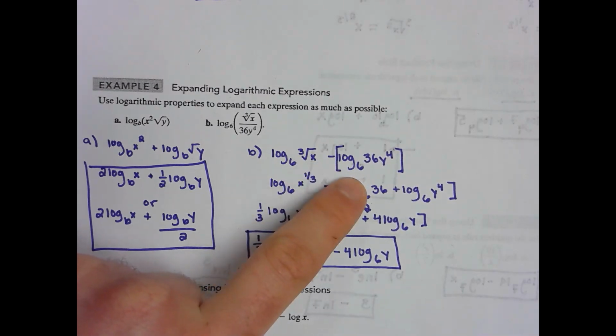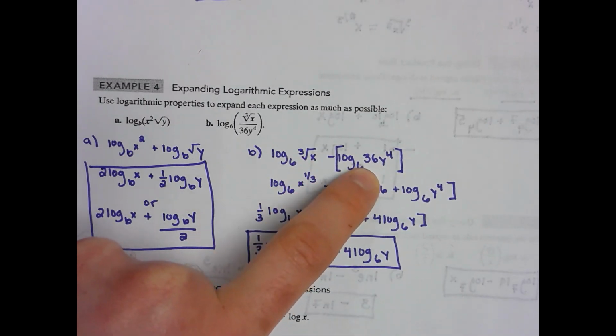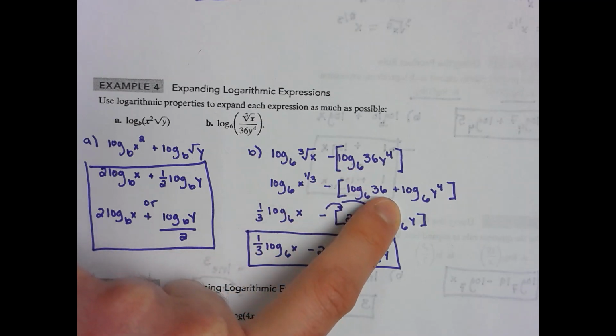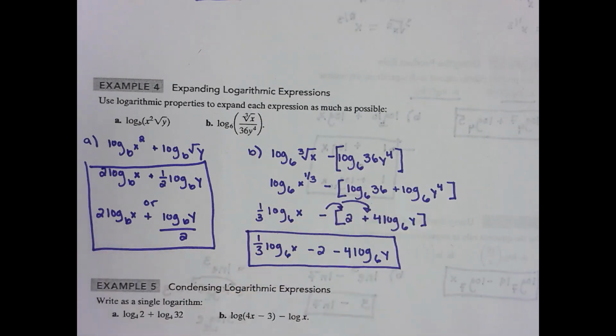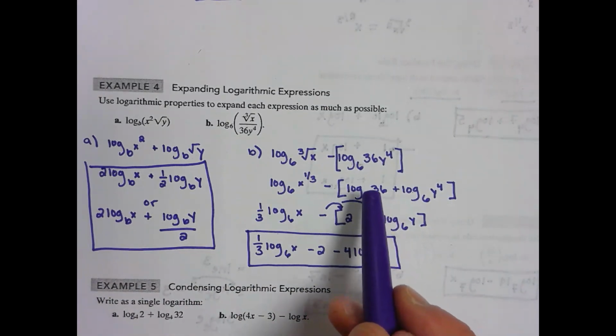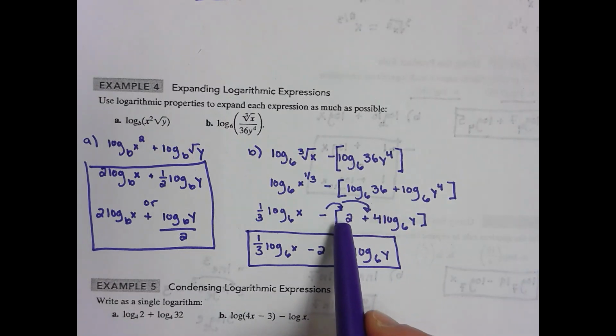So then I can take the cube root of x and write that as x to the 1/3, and I can expand this out where it is log base 6 of 36 plus log base 6 of y to the 4th. That then allows me to conclude that log base 6 of 36 is 2, right? 6 squared is 36, that's why this is 2.